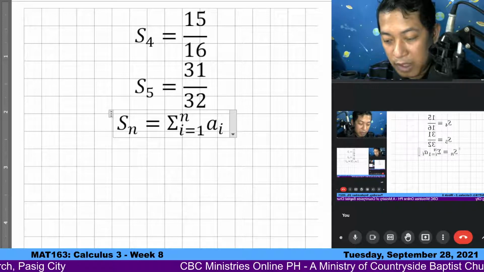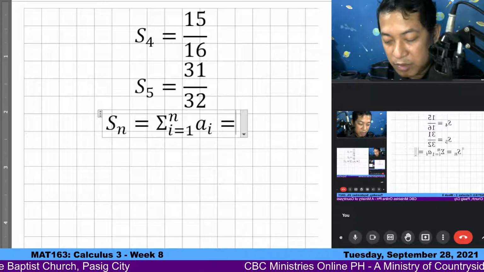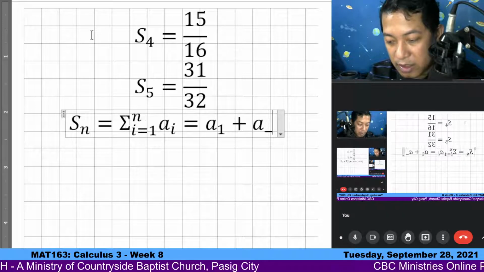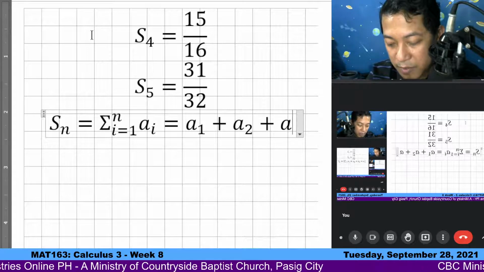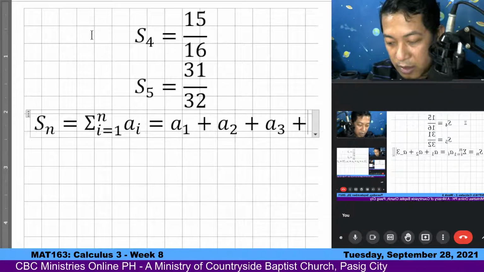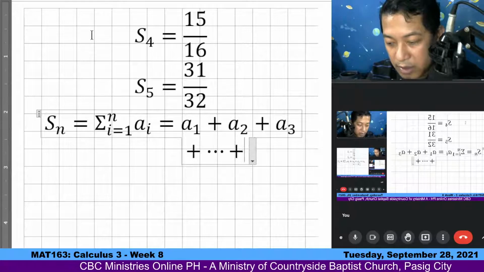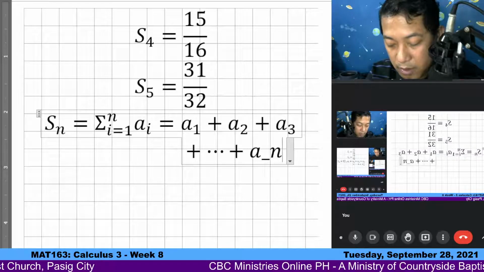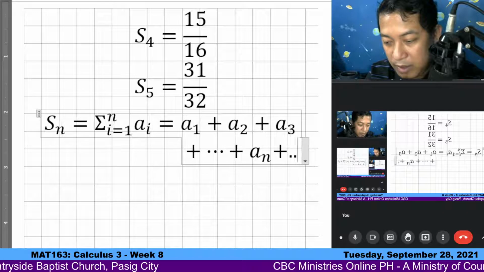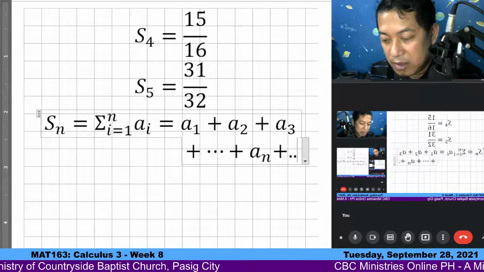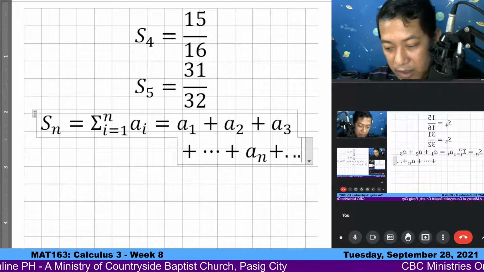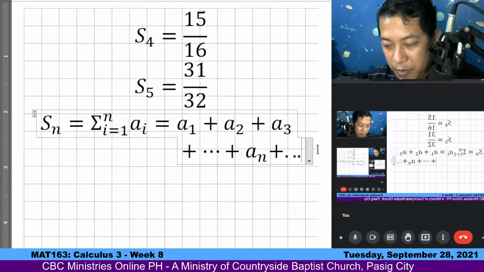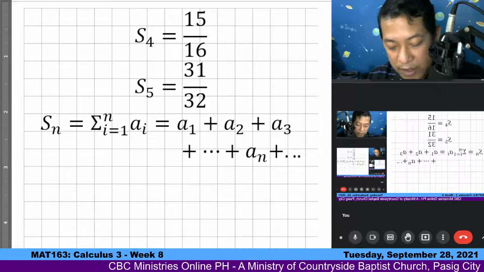This could be further expressed as a series: A sub 1 plus A sub 2 plus A sub 3, etcetera, plus A sub n, and so you have an infinite series. And if there exists a limit to this sum, I will put it in a definition.